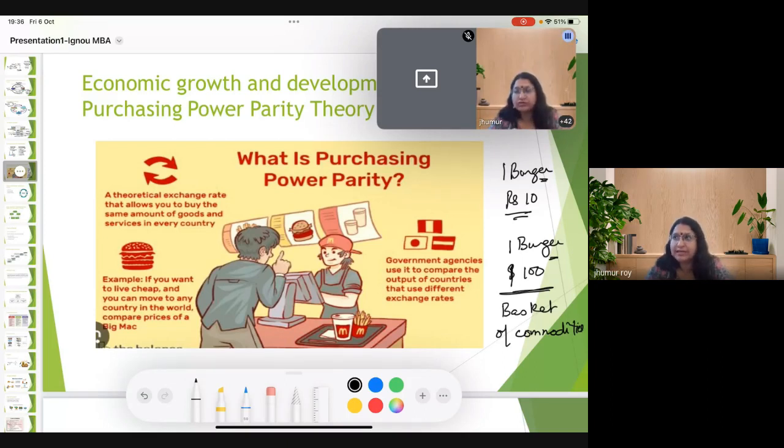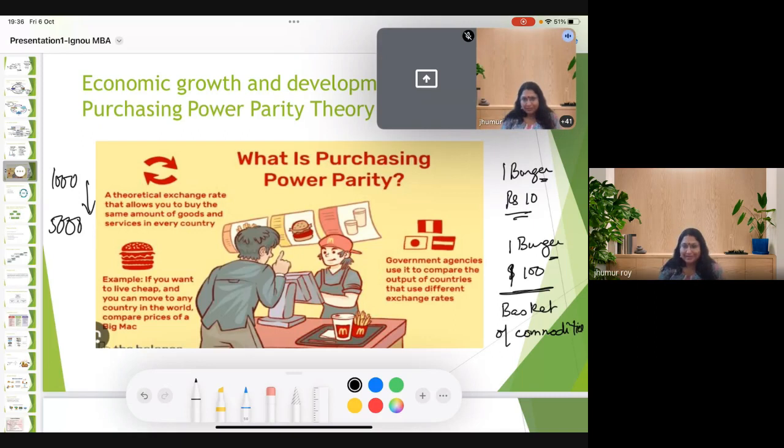So I want to see if the price in my country in 2000 of these commodities put together was 1000 rupees. How much am I paying now? So earlier it was only 1000 rupees. Now I'm paying 5000 rupees. What has happened to my currency? The value of my currency has gone down. Because earlier what I could buy for 1000 rupees, now for the same things I am paying 5000 rupees.